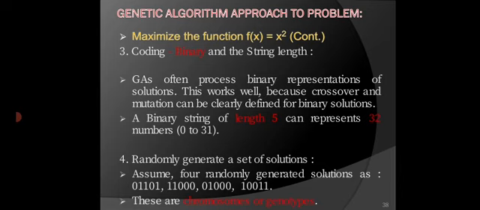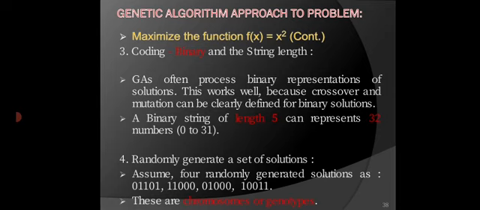So the first step is coding. We are using binary coding, right? GAs often process binary representations of solutions because this works well, since crossover and mutation can be clearly defined for binary solutions, right?